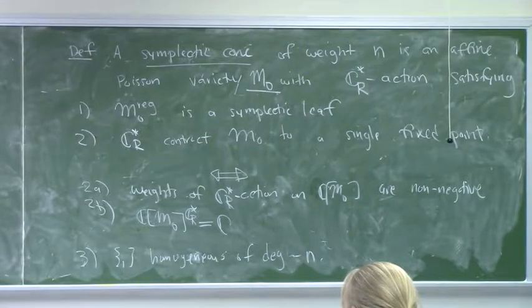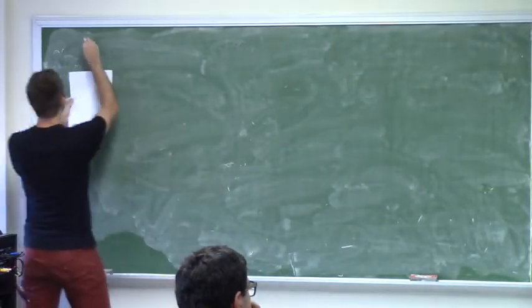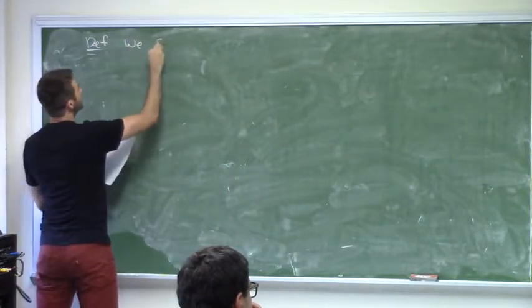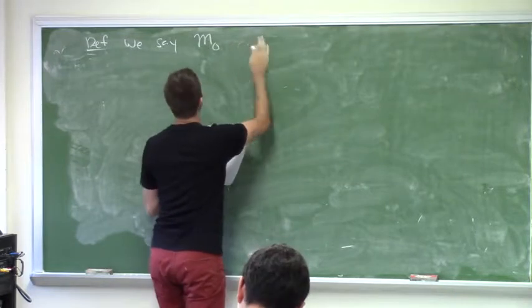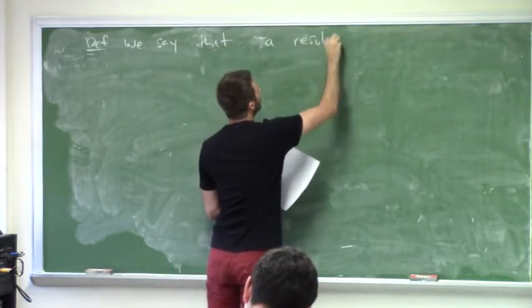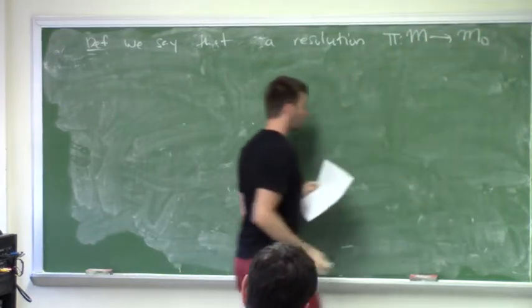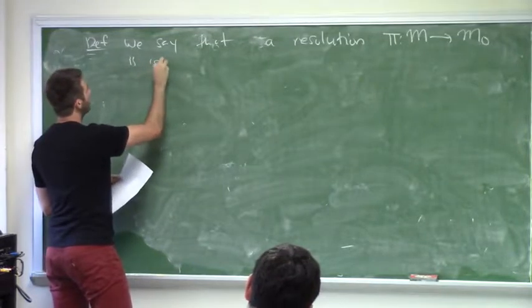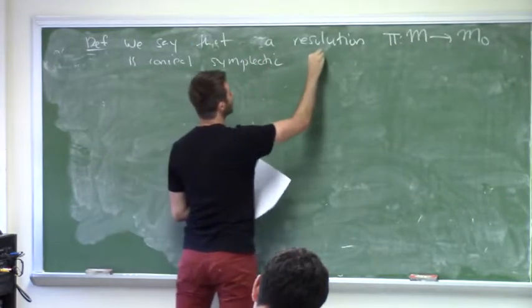Let me give one other definition. So then the second definition is we say that M0, which is one of these symplectic cones, we say that a resolution of a symplectic cone is conical symplectic if the following things hold.